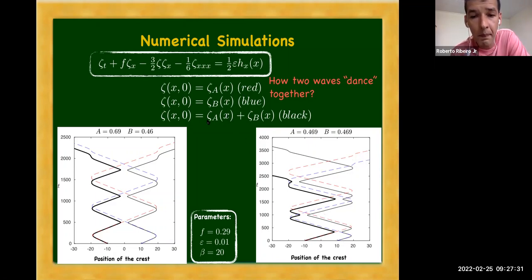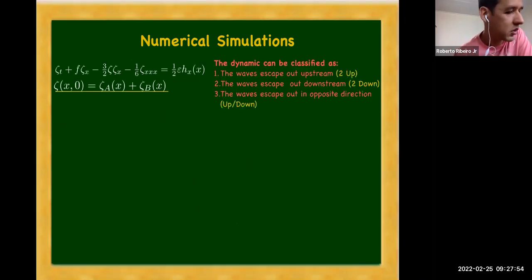But when we put zeta A and zeta B together and run the simulation, we see that the dynamic changes completely. Now both waves escape to the left, or escape upstream. So somehow one wave affects the other. But now let's give more details about this dance of the two waves.